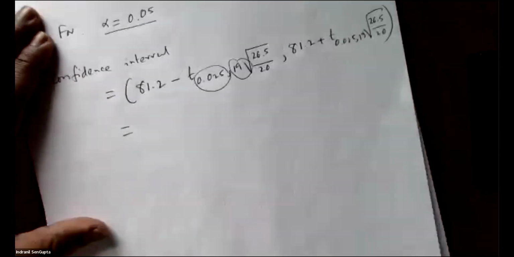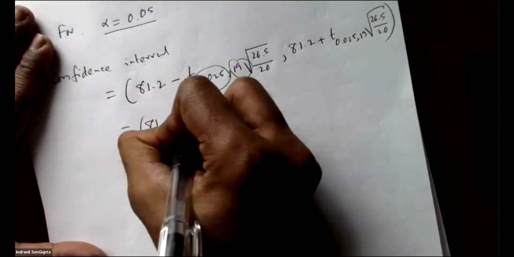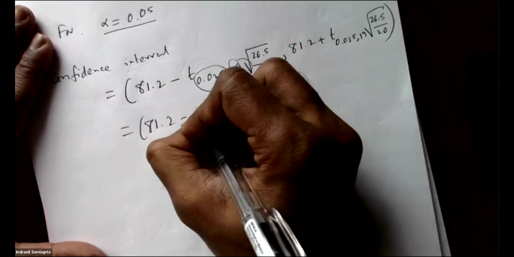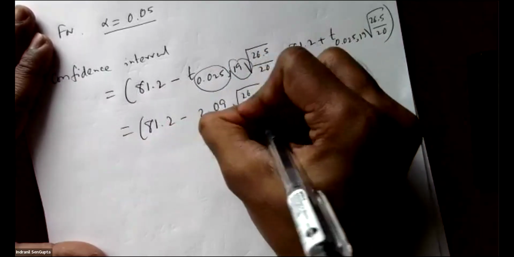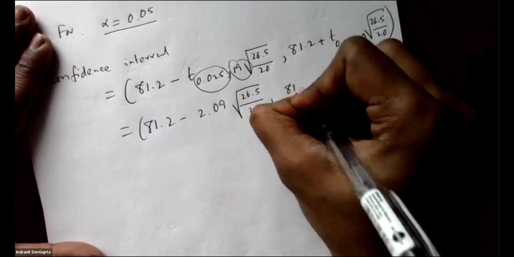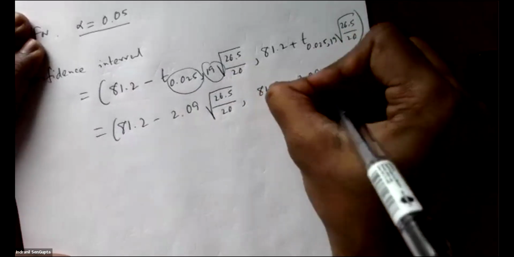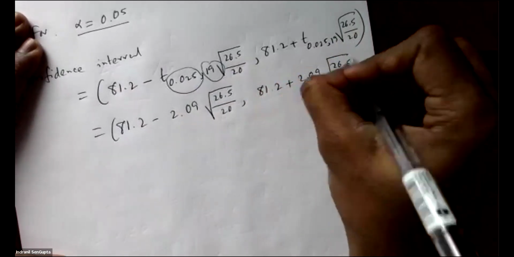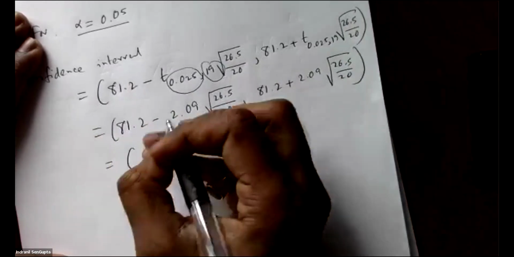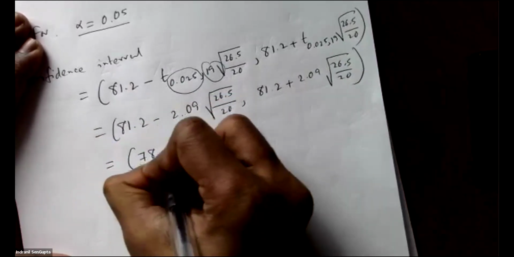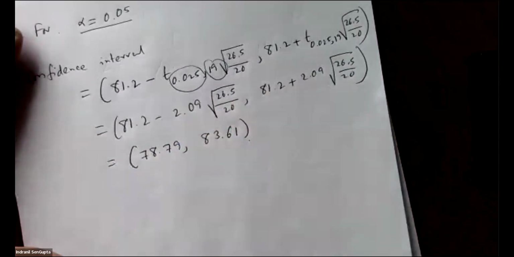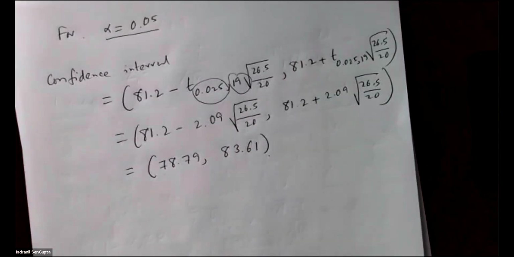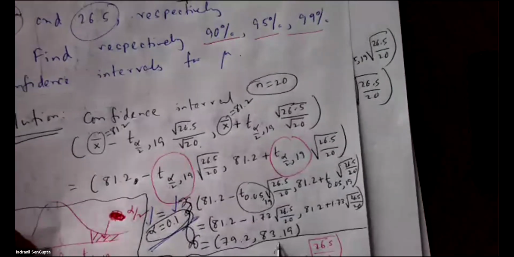So it's really 81.2 minus 2.09 times 26.5 over 20, to 81.2 plus 2.09, 26.5 over 20. And if you compute this interval, this is going to be 78.79 through 83.61. Okay. The last case was 79.2 through 83.19, and this one.